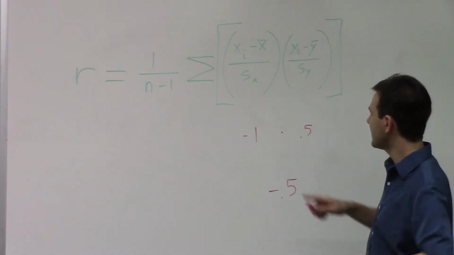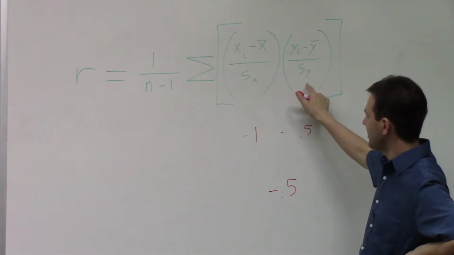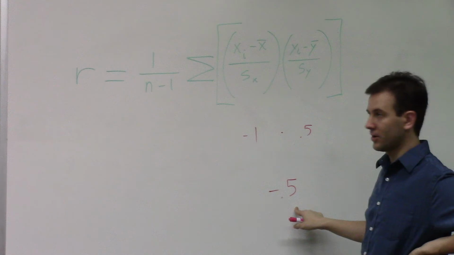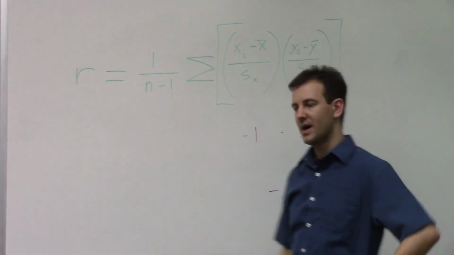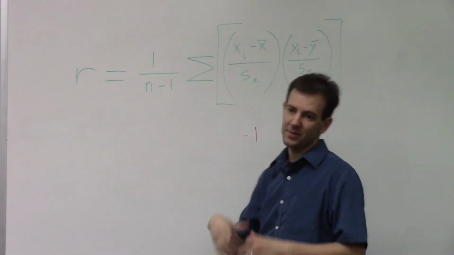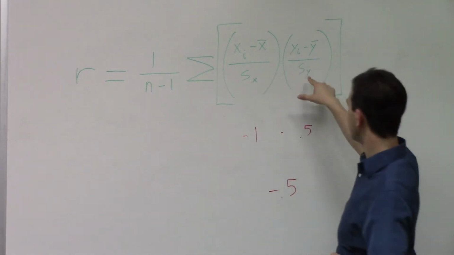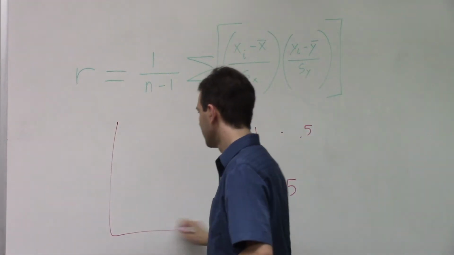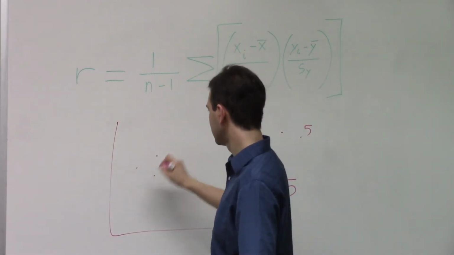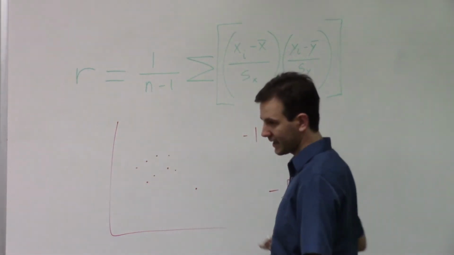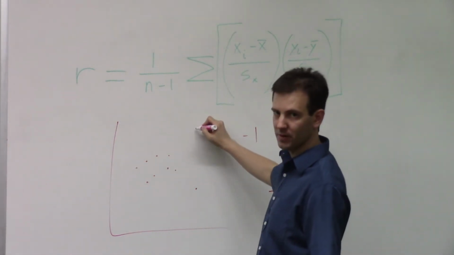The point here is that if you're higher than average at one thing and lower than average at the other, then you're contributing some negative correlation to R. So if all of them contribute negative correlation to R, you're going to end up with a negative R. For every point that's here, you're making the correlation more negative, and for every point that's here, you're making the correlation more positive.